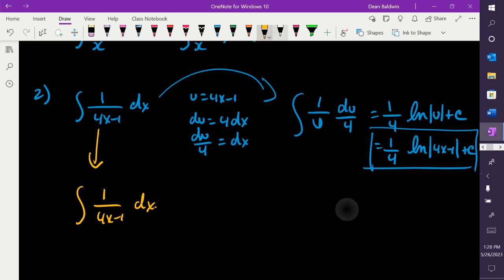Yes. So what you can do, you can put a 4 there, as long as you put a quarter out there, right? Because that's really just 1. Does everybody agree with that? Okay. This is u primed. That is u.